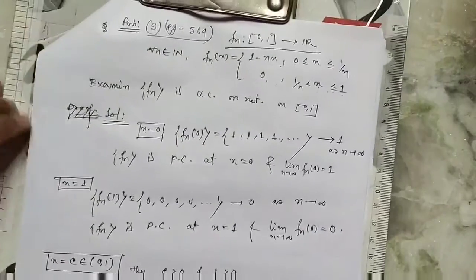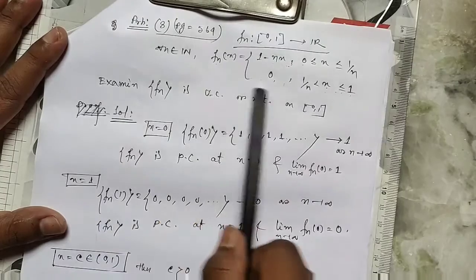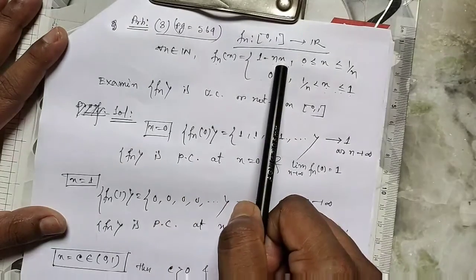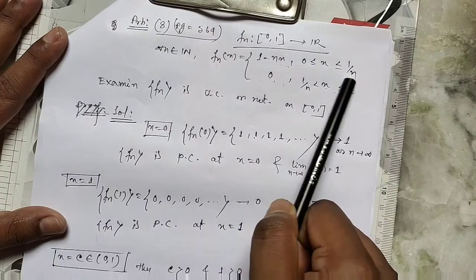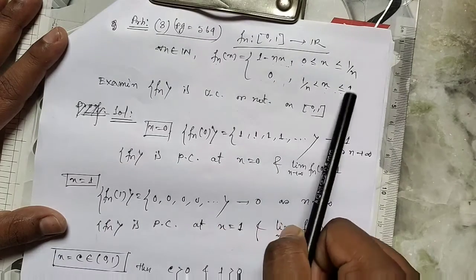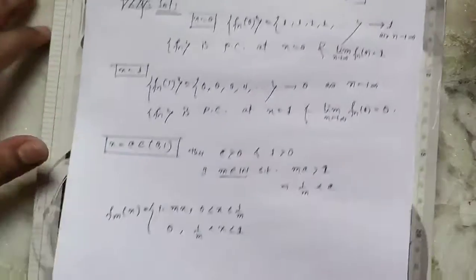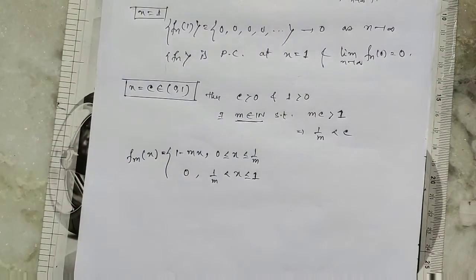Clear? See, this is our definition for f_n(x): 1 minus n x for 0 less than or equal to x less than or equal to 1/n, and 0 for 1/n less than x less than or equal to 1. So we take n equal to m. So our f_m(x) is this.